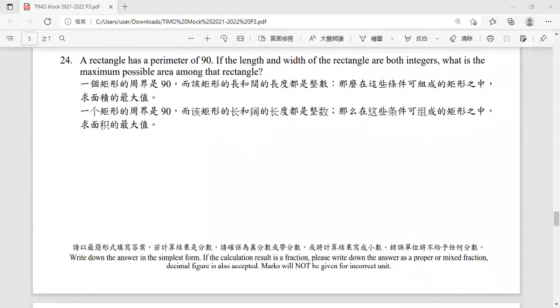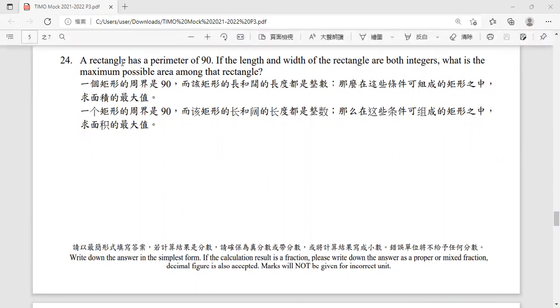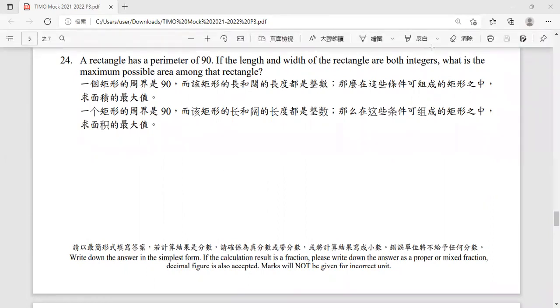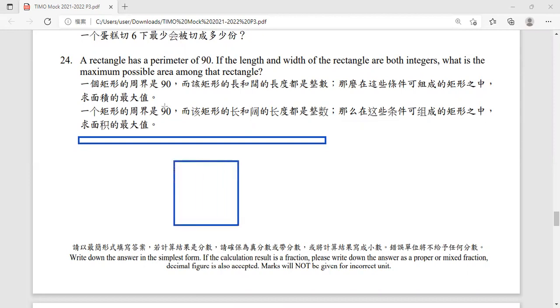A rectangle has a perimeter of 90. The length and the width are both integers. What is the maximum possible area of the rectangle? So you just find something. Okay, let's see. We want the maximum possible area, but we have a perimeter of 90. Now for the same perimeter, we have some shape like this one and some shape like this one.